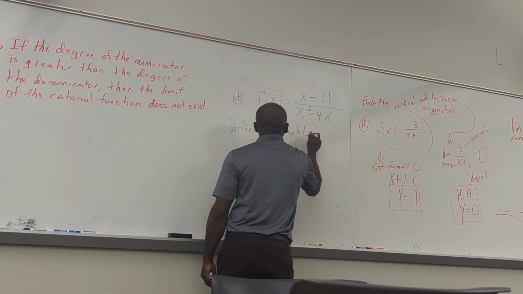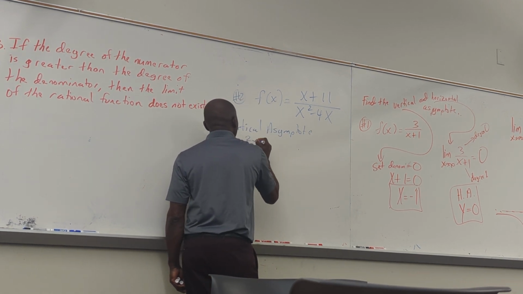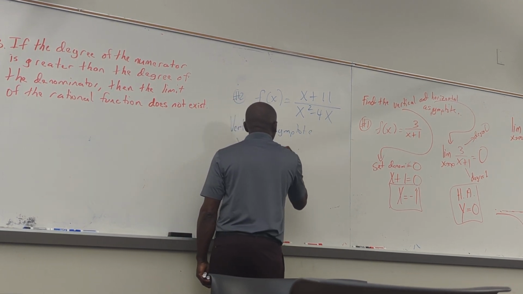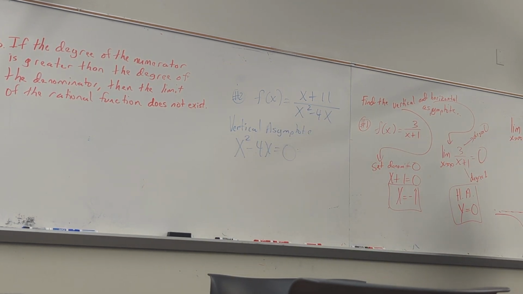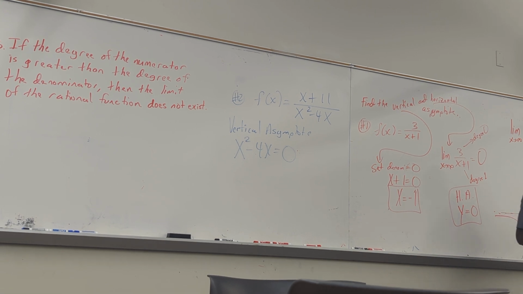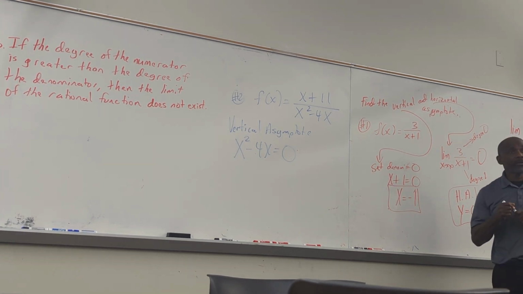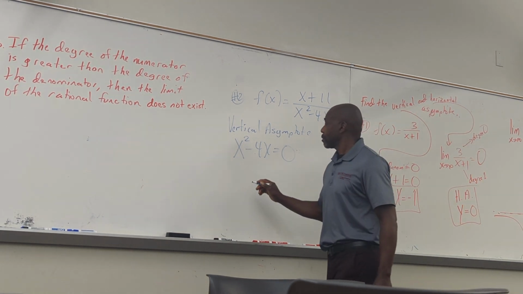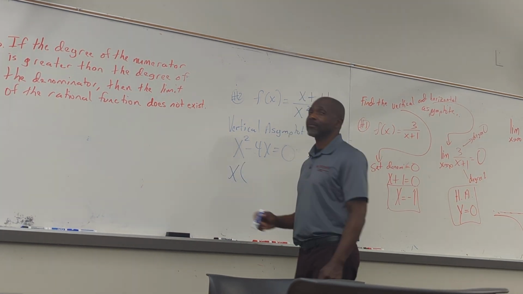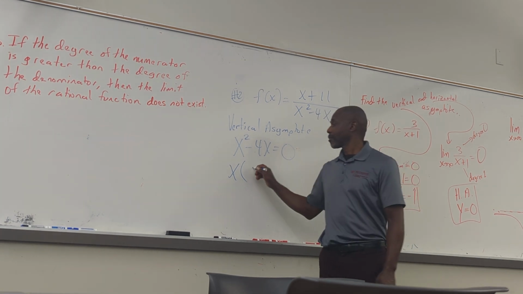Set the bottom equals 0. So that's x squared minus 4x equals 0. How can I solve this? How are you going to factor this? It's x times x minus 4.